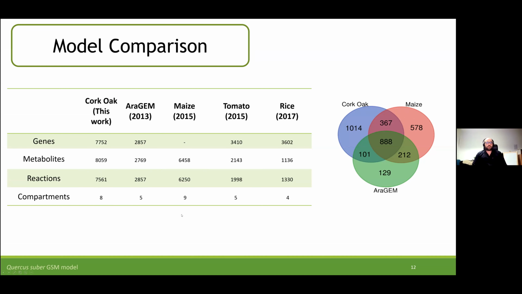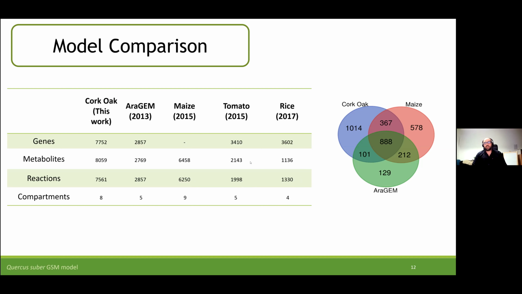The maize model has 9 compartments, even 1 compartment more than our model, but has fewer reactions and fewer metabolites, and they don't identify genes. The tomato model has 5 compartments and less than 2,000 reactions, and the more recent rice model has a smaller set of reactions, so 1,300 reactions and 3,600 genes.